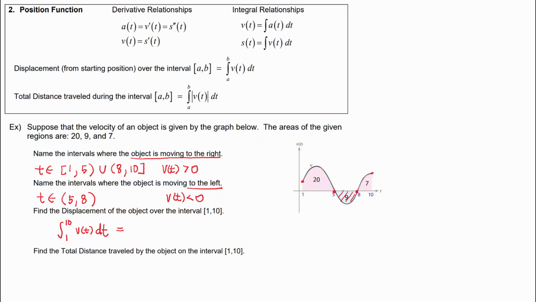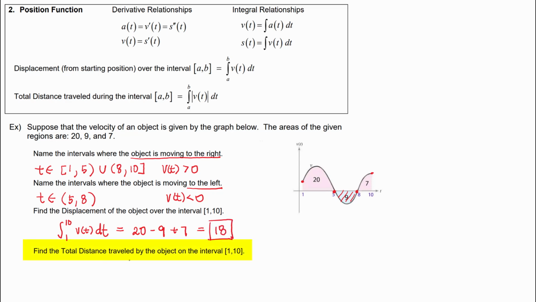So 20 is a positive value since it is above the x-axis. And then 9 is negative because it's below the x-axis. And 7 is positive because it's above the x-axis. Therefore, displacement over the interval 1 to 10 would give you 18.